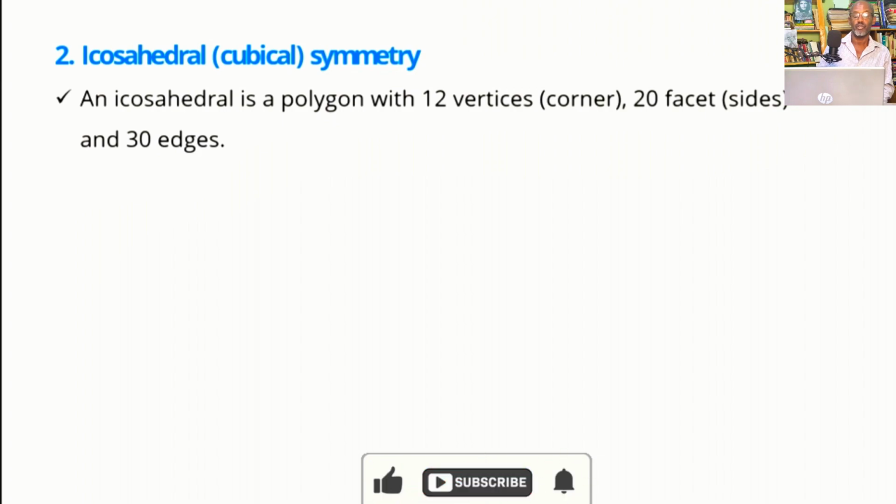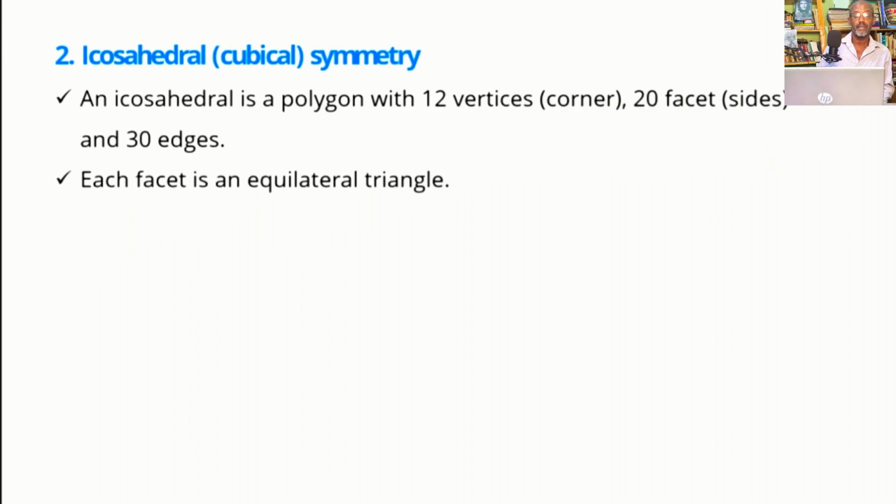This is a geometrical polygonal shape, and each facet, each triangular face, is an equilateral triangle in viruses. This is the symmetrical feature.